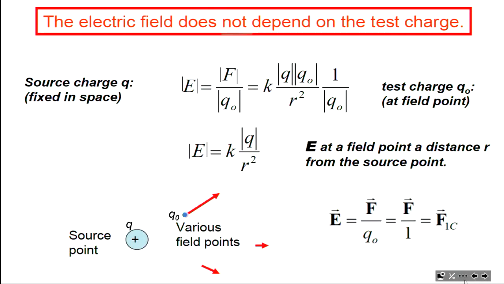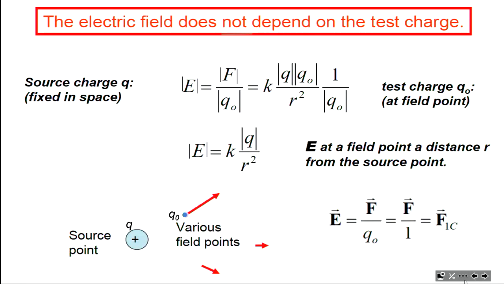For a single point charge, it depends on the magnitude of the charge and on the distance from the charge which generates that field to the location where that field is being measured or calculated.